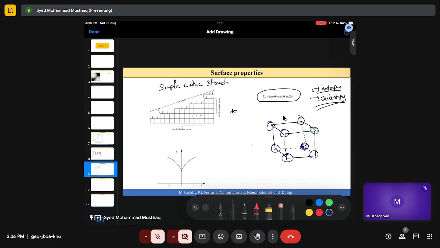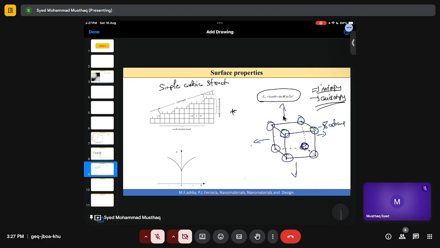So you have 8 atoms at the corners. Now what is the effective number of atoms? See, whenever you see here, each cube, for example, this is a sphere. Now on the left you will get another lattice, on top you will get another lattice, on the bottom you will get another lattice. So this is in one plane.